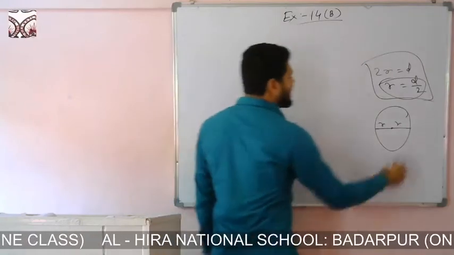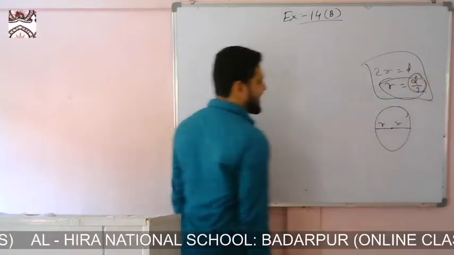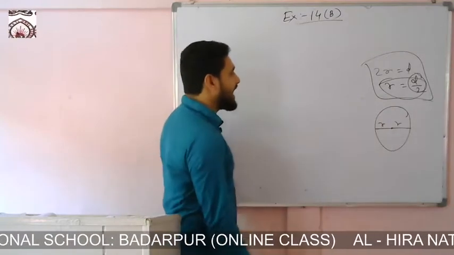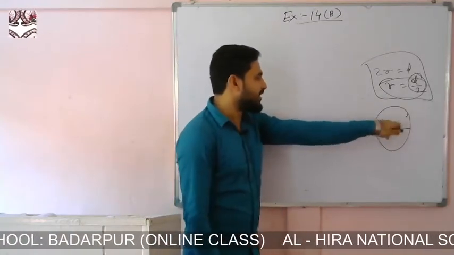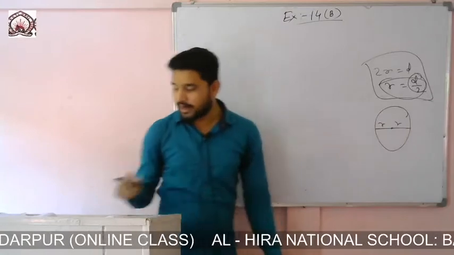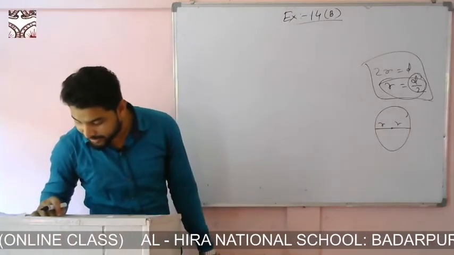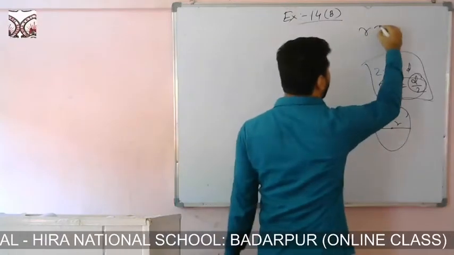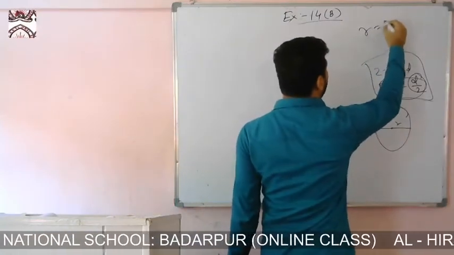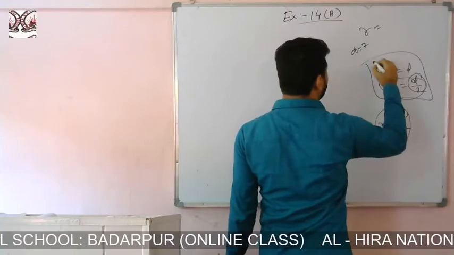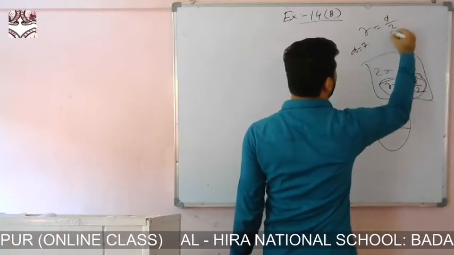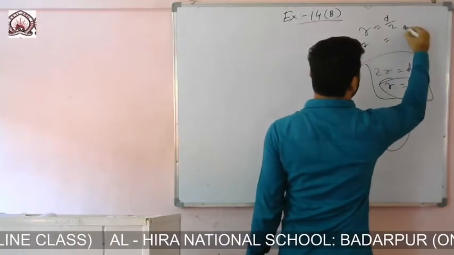First of all I need the radius to draw the circle. Here the diameter is given, 7 centimeter, so I have to find the radius. Radius will be diameter by 2, that means 7 by 2.